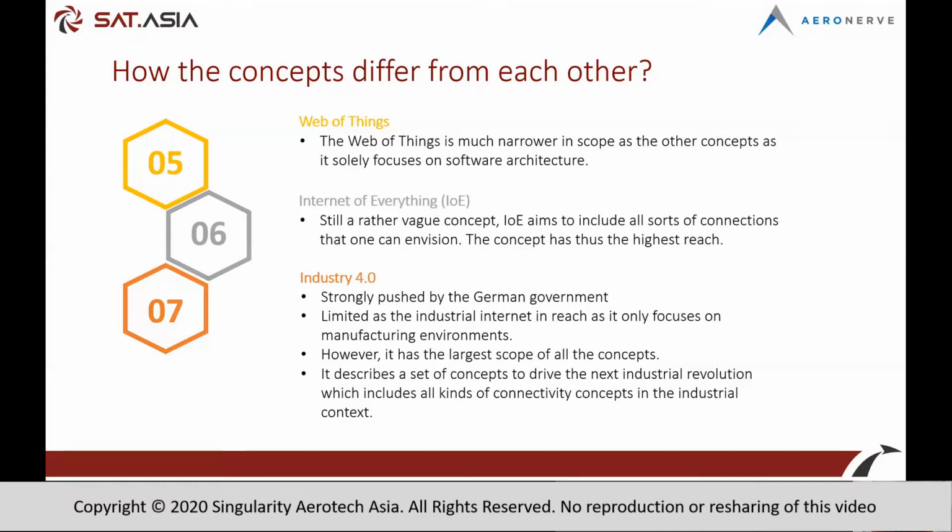Internet of Everything is a vague concept that basically encapsulates everything from people to machines, and is applicable to every industry and everything that we have touched on. Okay.